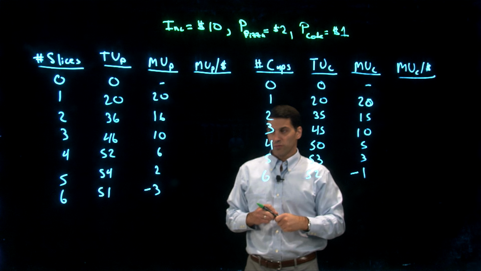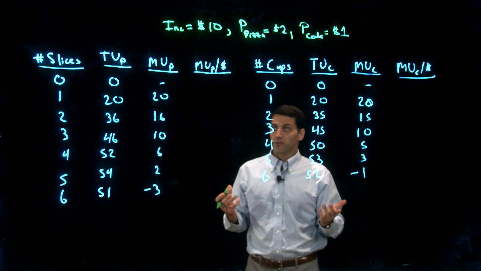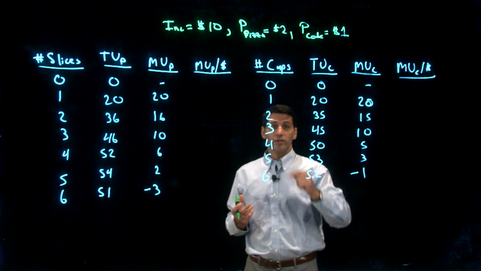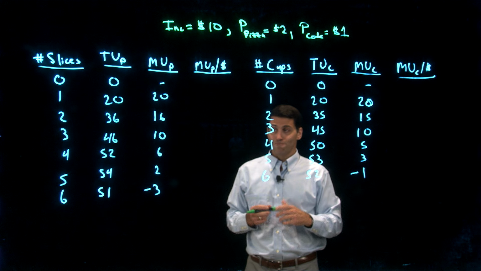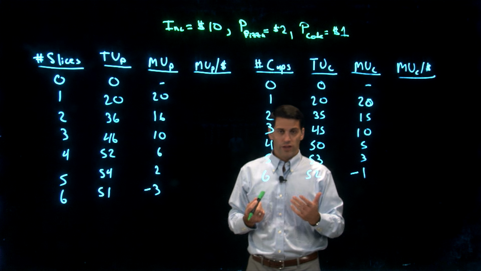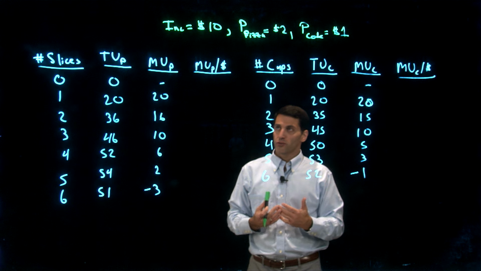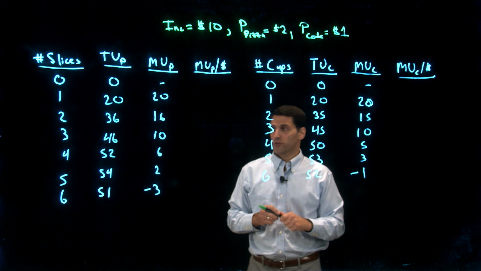So does that necessarily mean you should have one of each? Well, not necessarily, because remember, the pizza is twice as expensive as the Coke. So how would you figure that out? That's why we're putting this into marginal utility per dollar terms.